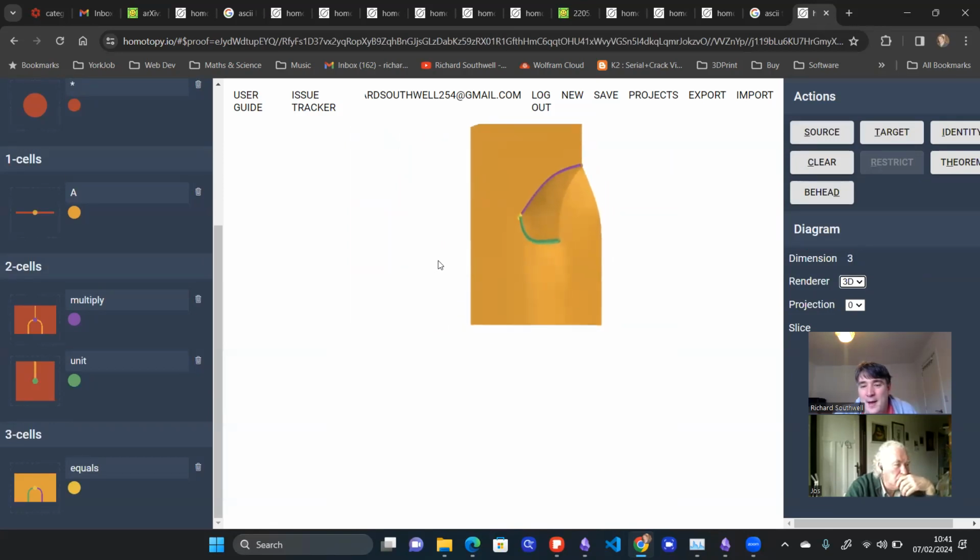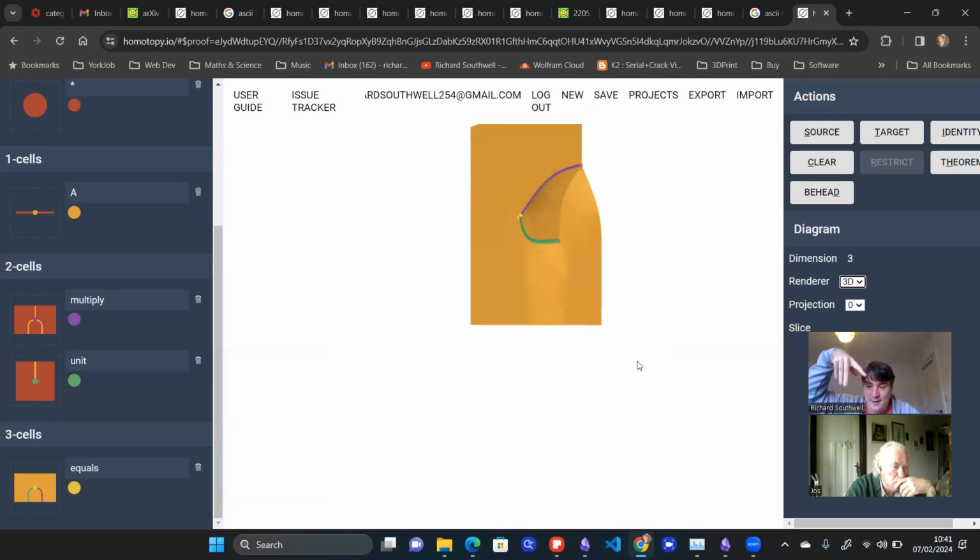So what's going on here? We should read it from right to left, if you like. So what we start with is the unit and the multiply. And that's like the front part, the part that looks like a Y. So you imagine slicing it at the right-hand side.